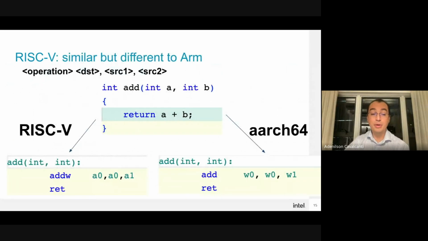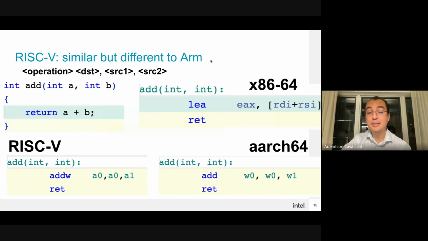And it's really cool because if you are familiar with other RISC architectures like AArch64 or ARM, the assembly is going to look quite similar for some simpler instructions. And just to make things funny, this is what the assembly looks like on x86-64.